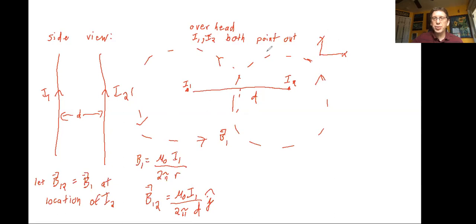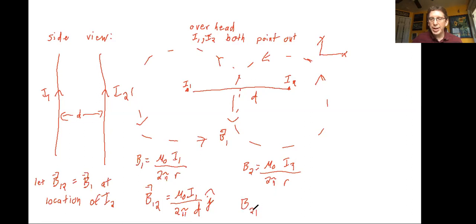Now we have the magnetic field B2 due to I2. The magnetic field is going to make a circle, again counterclockwise. So B2, its magnitude, is going to equal mu naught I2 over 2 pi r.